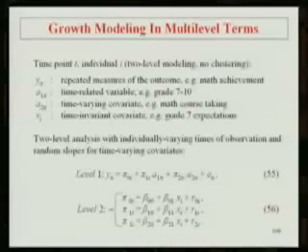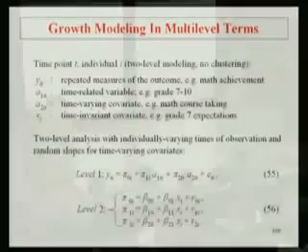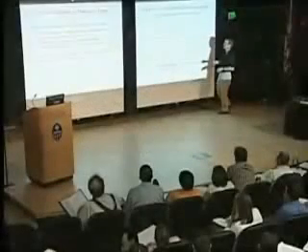If you do this analysis here, if you first of all focus on this subscript here, i, let's say now that we have individually varying times of observations. We don't have that in the LSAY data, but we're going to pretend that we have that. So, for instance, at measurement location 2, some people are observed in week 4, some people are observed in week 5 or 6. We want to take that into account.